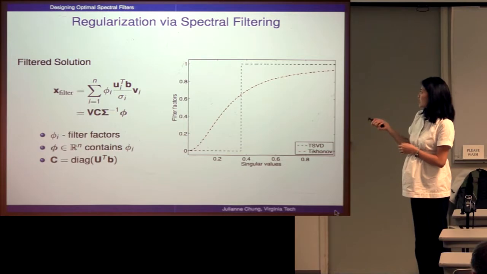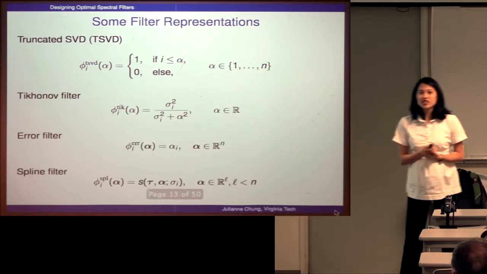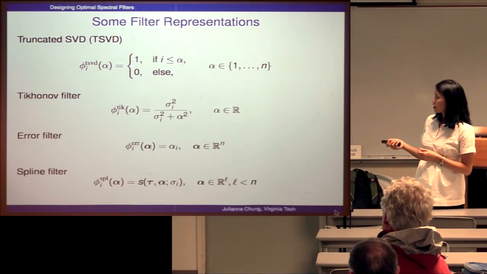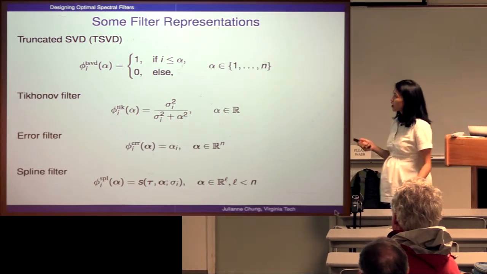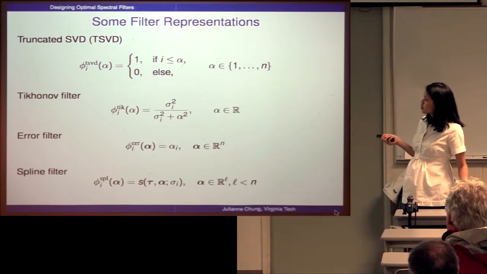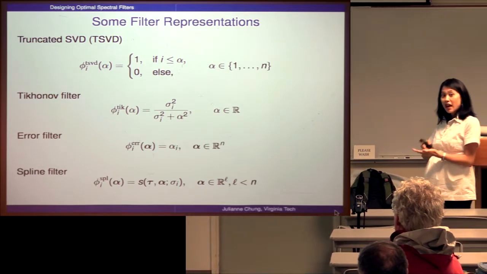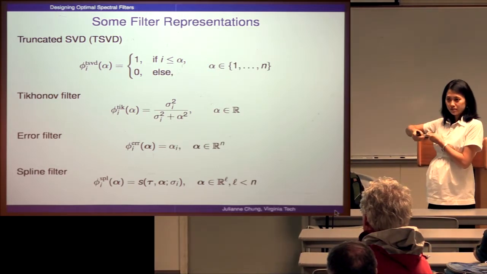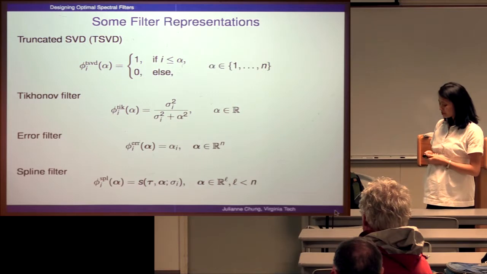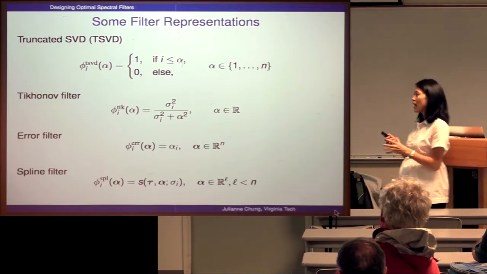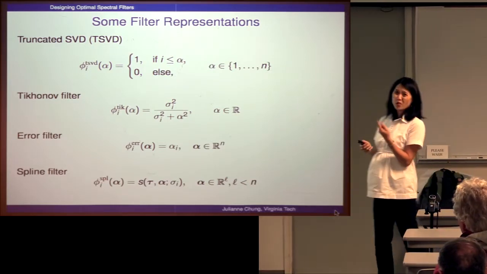Okay, so these are two possibilities for defining your filter factors, right? Either doing TSVD or Tikhonov. But it turns out there are other possibilities as well, and we've looked at other things like the error filter or the spline filter. So what is the idea here? With the truncated SVD and Tikhonov filter, all of the filter factors depend on one parameter, this alpha parameter. So you choose one parameter alpha, and that gives you all n filter factors by this functional representation. The error filter says, I don't want to have all of the filter factors depend on only one parameter.